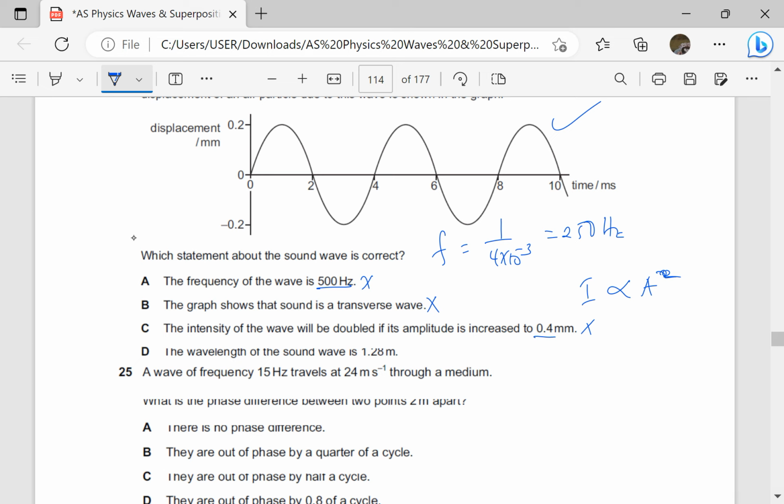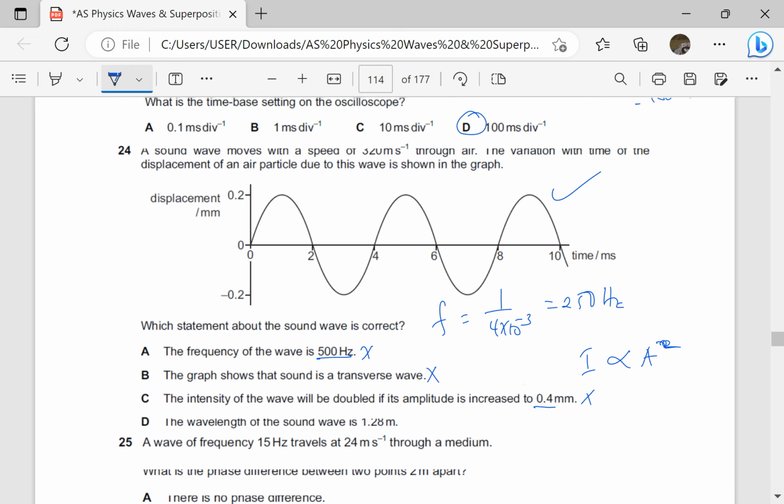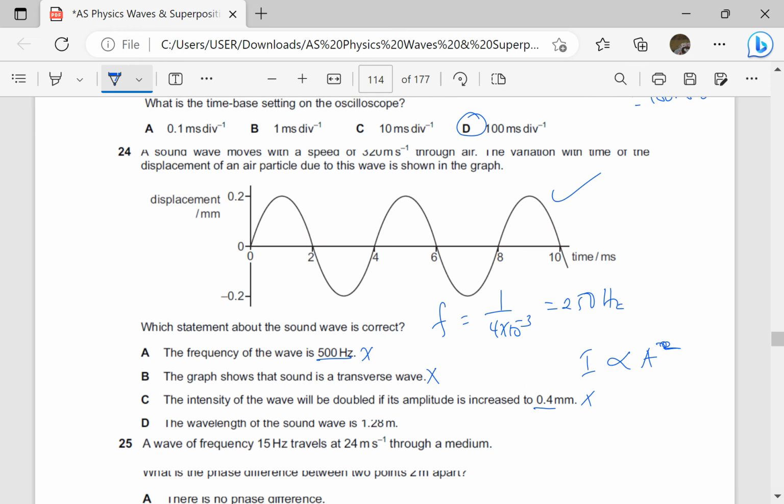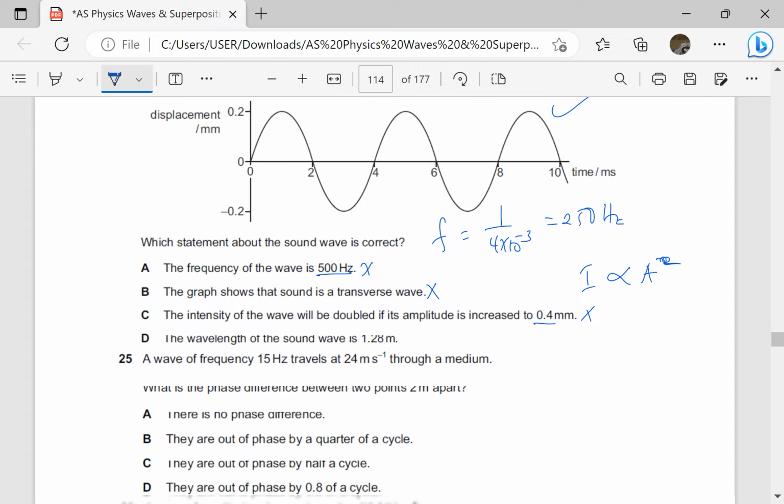D: The wavelength of the sound wave is 1.28 meters. Let's check the wavelength. It is sound, the speed is 320. So wavelength is going to be V over F, or V times T. V is 320 and the period is 4 times 10 to the power negative 3.